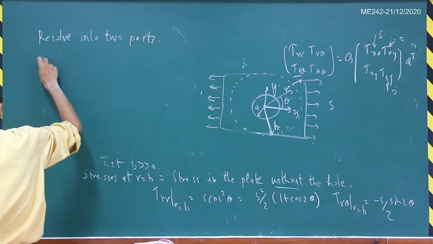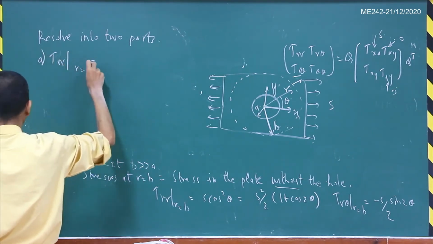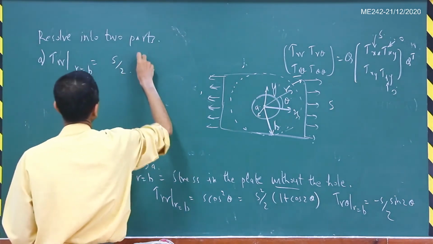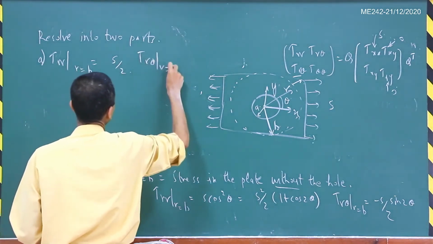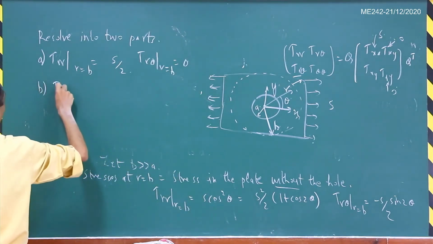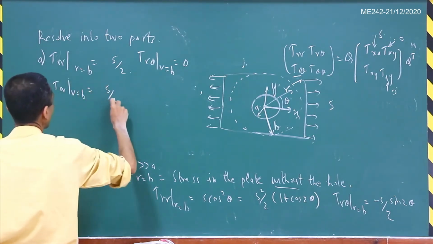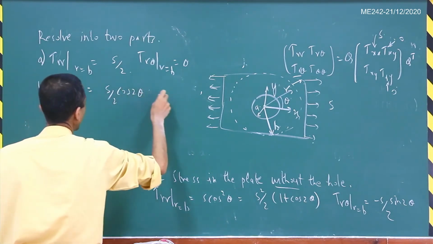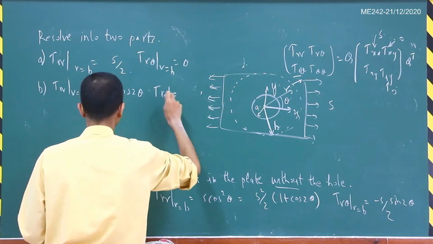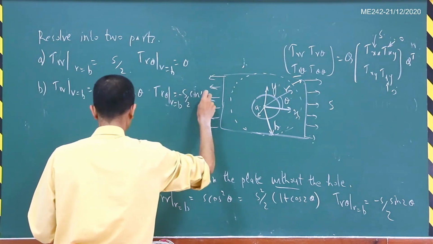So tau RR at R equal to B is equal to S by 2, and tau R theta at R equal to B is 0. Plus tau RR at R equal to B is equal to S by 2 cos 2 theta, and tau R theta at R equal to B is equal to minus S by 2 times sine 2 theta.